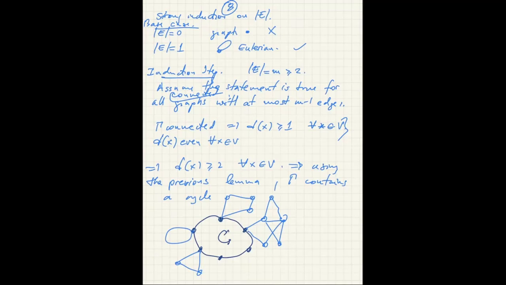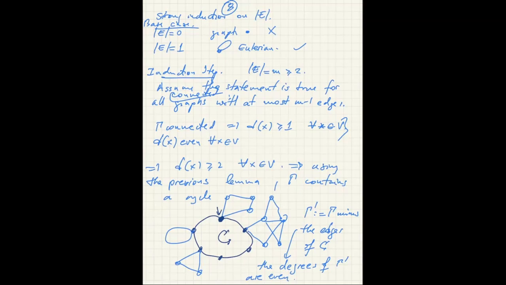So now we look at gamma and we denote by gamma prime, gamma minus the edges of C. What happens in gamma prime? The degrees of gamma prime are even, because if you have a vertex on the cycle, like this vertex here, it used to have degree 4, but now it loses 2 edges from the cycle, but it stays even.